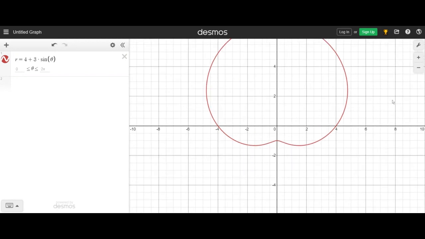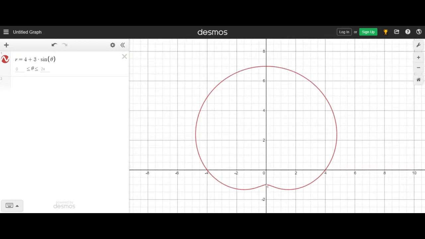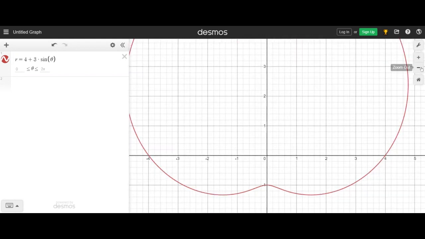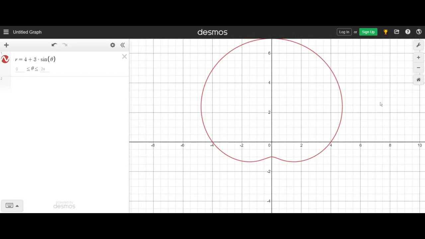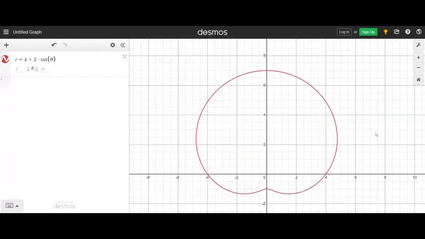I think you agree this is the right half. What would this bottom coordinate be? What would the angle be?